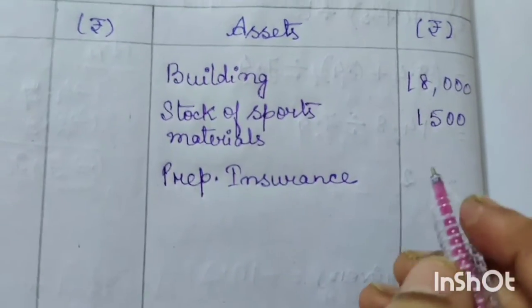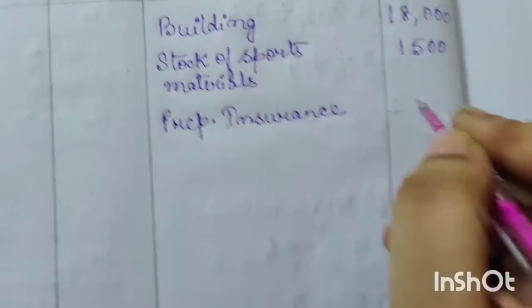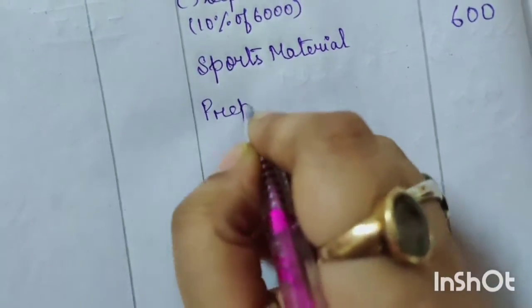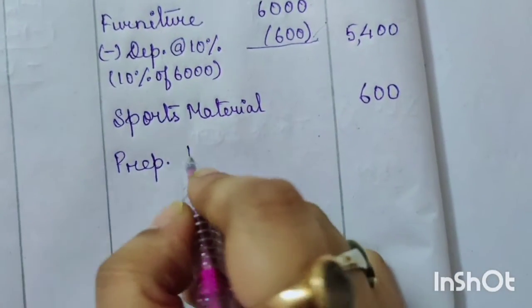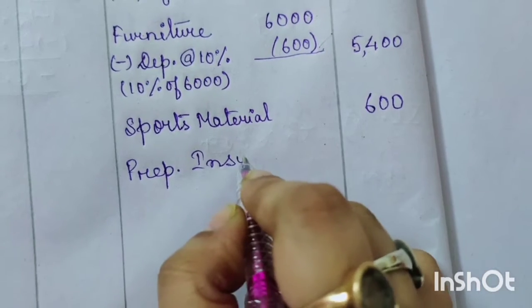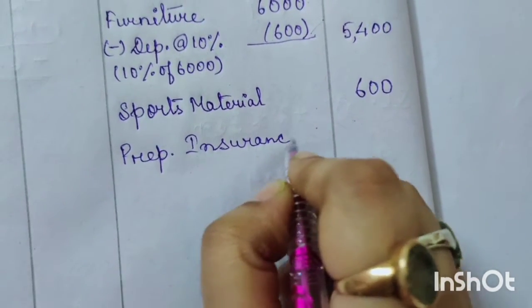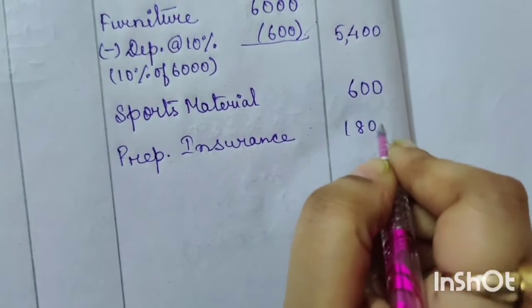See, prepaid insurance, the opening balance is 900, and again in the closing balance sheet prepaid insurance, our closing balance is 1,800.